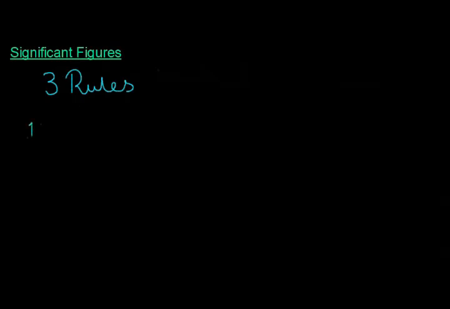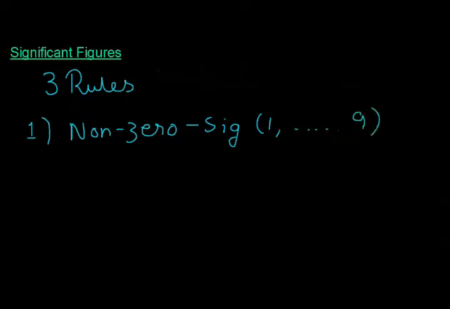The first rule is every single non-zero digit is significant. Non-zero digits are every digit from 1 through 9. All these digits except 0 are all significant.